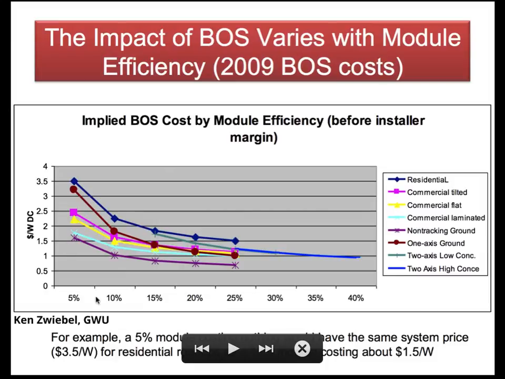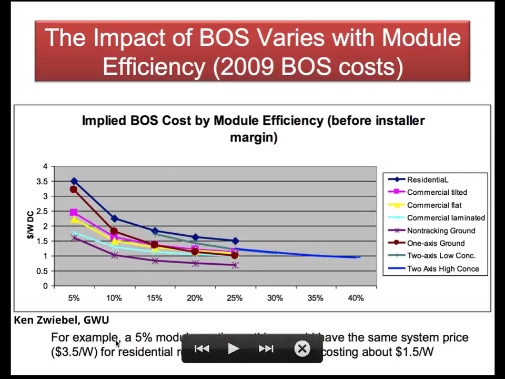As you can see, as the module efficiency increases, the cost decreases as expected. And the different curves are for different situations, such as the highest cost is for residential, and the lowest one, I guess, is the non-tracking ground.